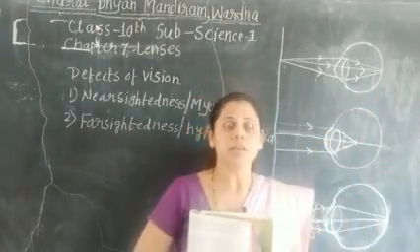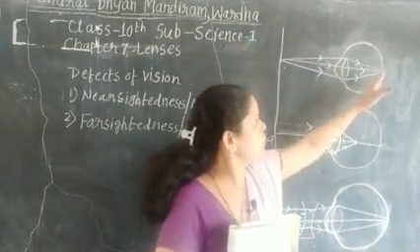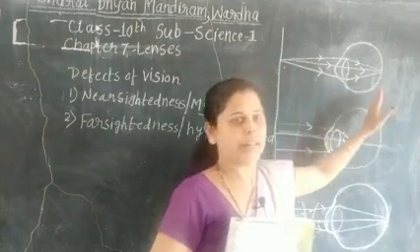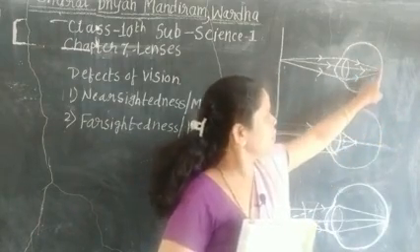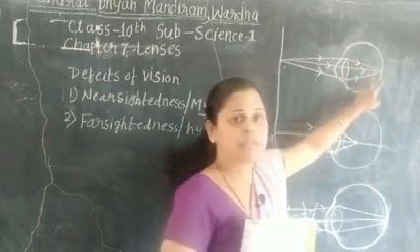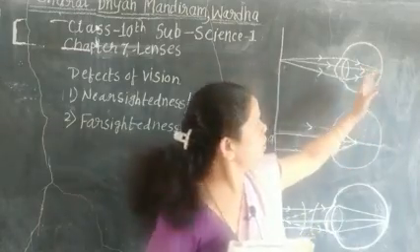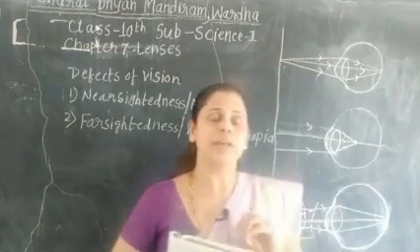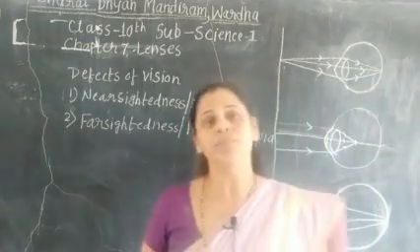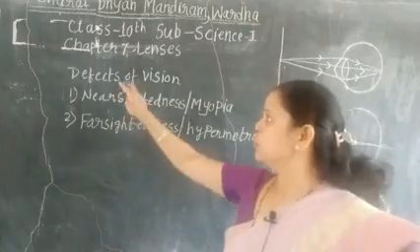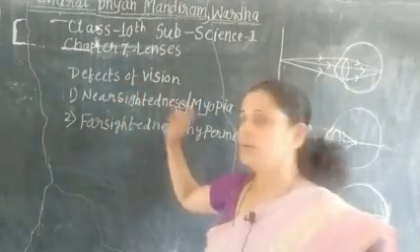But if the image is formed before or after the retina, then we cannot see a clear image of anything. Clear?